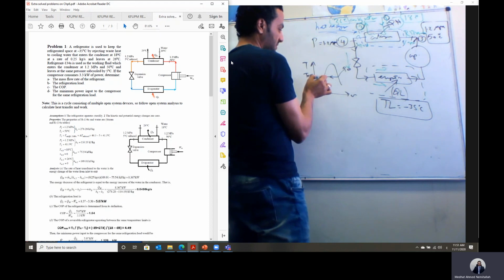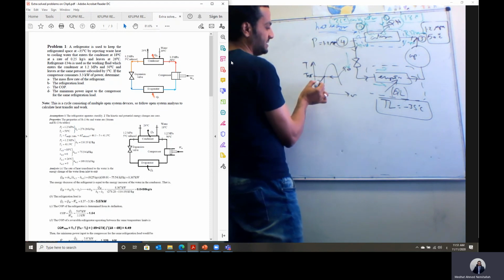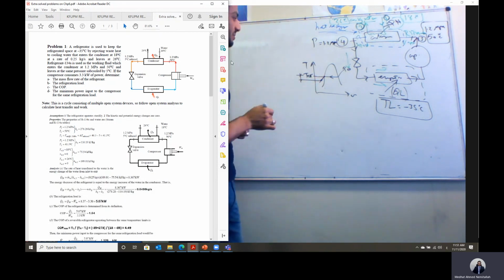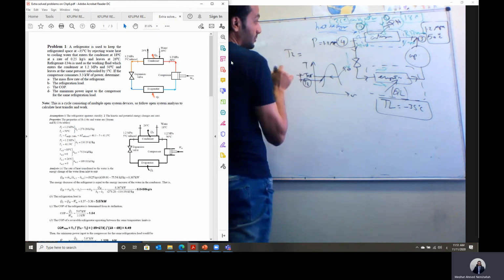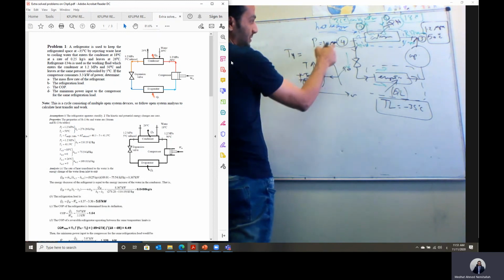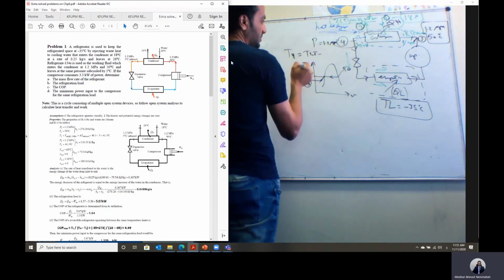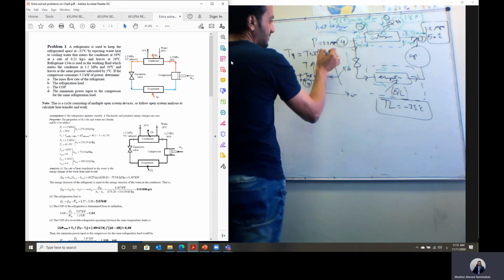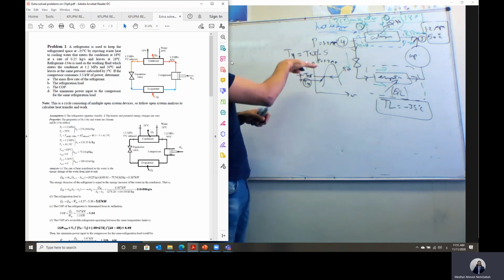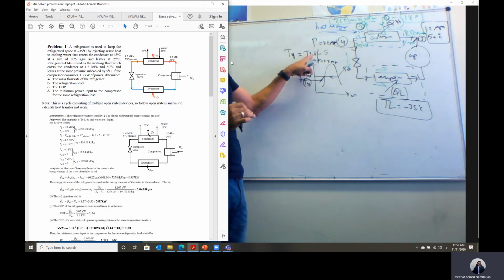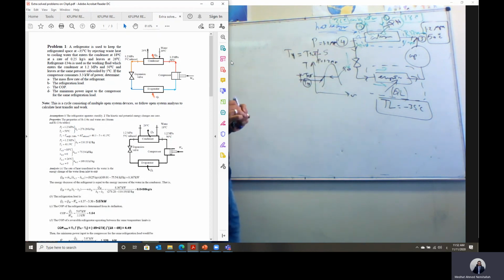The temperature at the exit of the condenser is subcooled by 5 degrees C, meaning there is a 5 degree difference between the saturation temperature and the temperature at the final state, which we call 4. So the temperature T4 is equal to the saturation temperature at this pressure, 1.2 megapascal, minus 5 degrees C, because it is subcooled by 5 degrees C. The temperature T4 at the exit of the condenser is less than the saturation temperature at the given pressure by 5 degrees C.